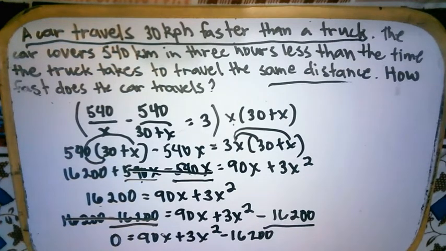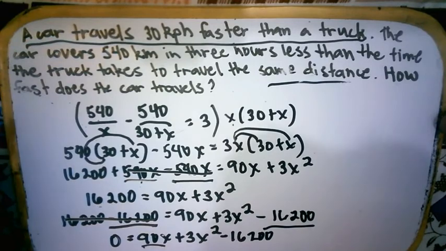standard form. So what we're going to do is to arrange the right side. Kasi hindi pa siya naka highest degree to lowest degree. So ito, ang degree nito ay 1 kasi x lang. Ito ay 2, ito ay 0. So dapat 2, 1, 0 yung arrangement nila.